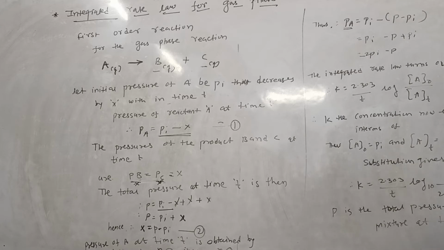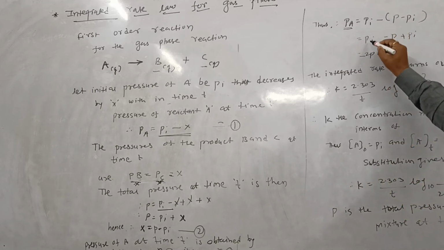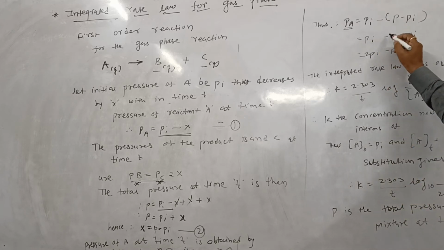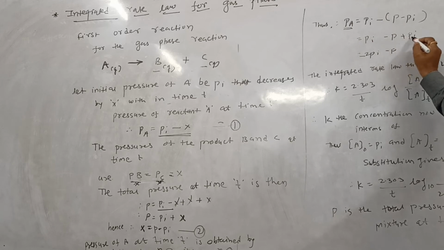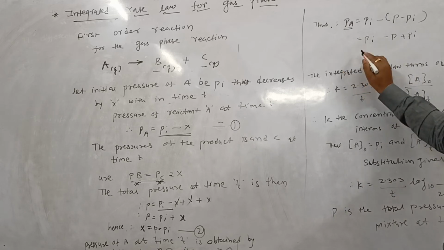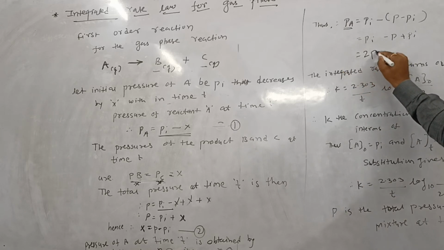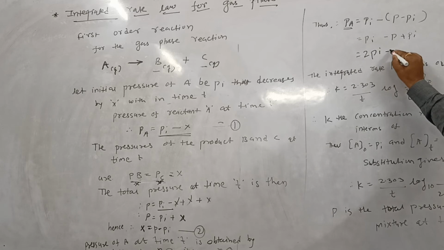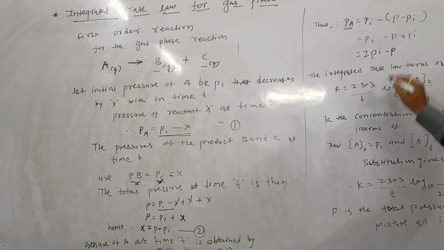Therefore, Pi minus P plus Pi, then 2Pi minus P.